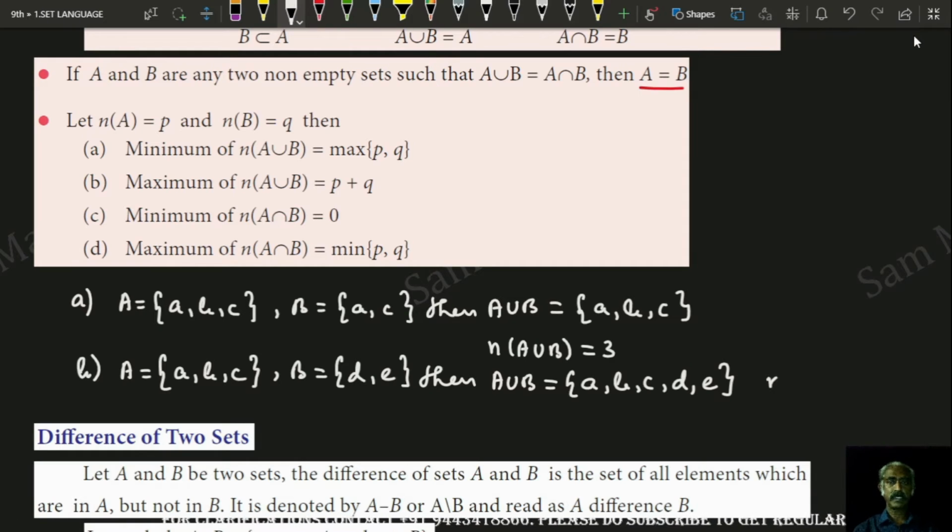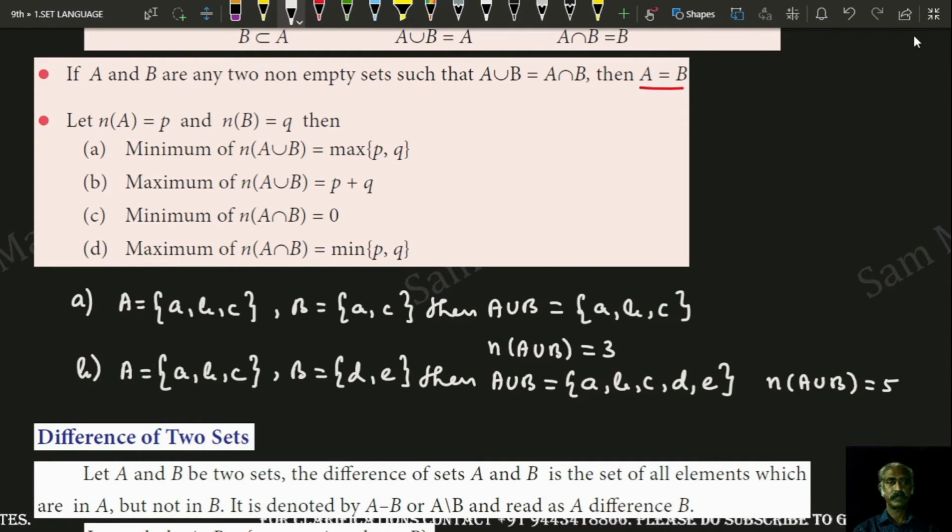So now n(A union B) is 5. Okay, children. So the maximum value of n(A union B) will be p plus q. That is 3 plus 2 here, it's 5.